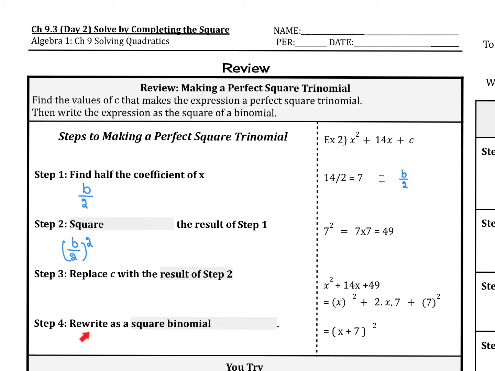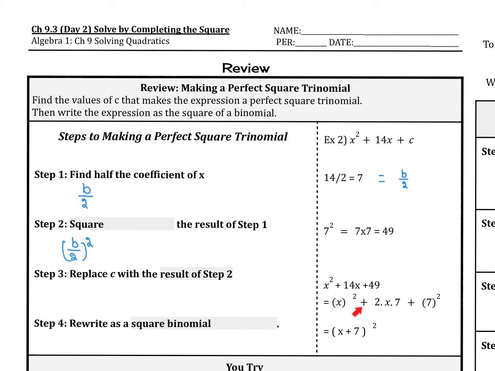Step number 4: rewrite as a square binomial. Square binomial means you write this whole expression differently. This is x squared, 14x means 2 times x times 7, 49 means 7 squared. So you write a bracket, write the first number here without a square, and the last number here without a square.